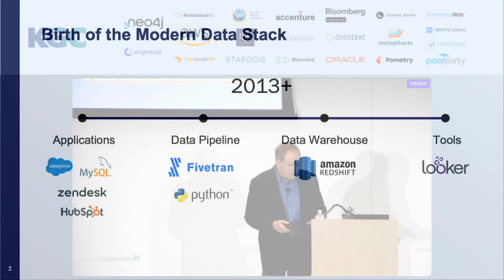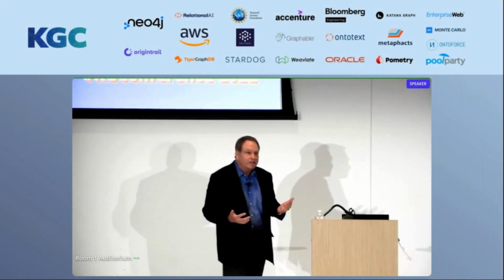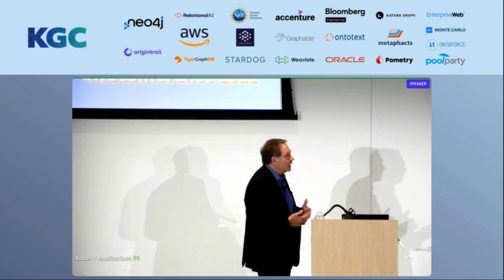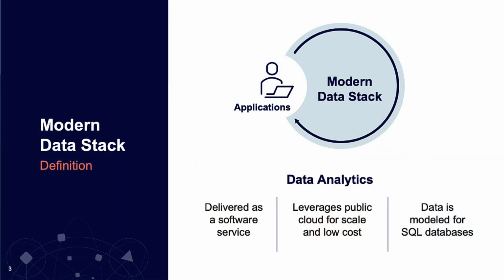So let's look at the start of the modern data stack. The modern data stack was really born in that time frame, and it's evolved in some fundamental ways since then, and it's really broadly used across the industry. The way I think it can be defined today, in a very broad definition, is data analytics delivered as a service, a software service. So it's something you buy, you purchase the capability to run this as a service on the internet.